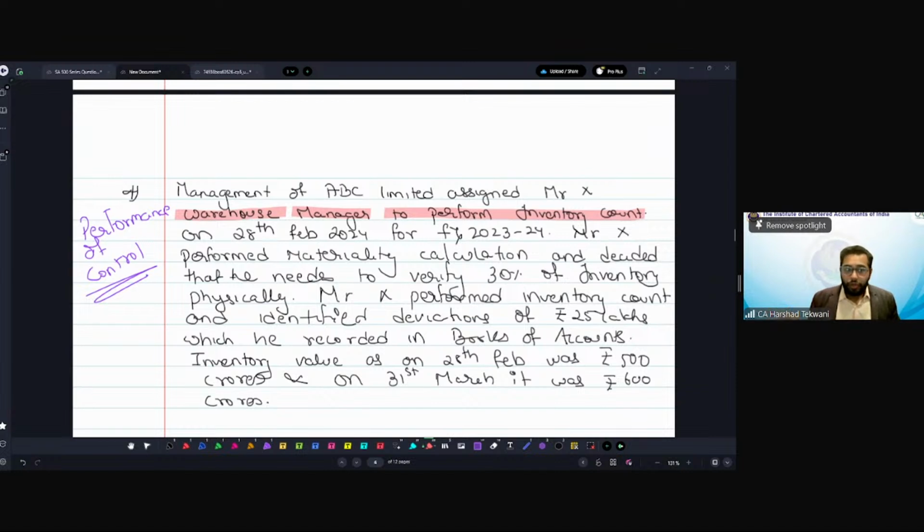Absolutely correct. So here I'm talking about the first issue: who is performing the count? The person who was handling the inventory. If he has done any fraud, you are asking him to perform the count. How will you identify the observation or any exceptions? So the issue basically lies in the segregation of duty. There is no SOD.